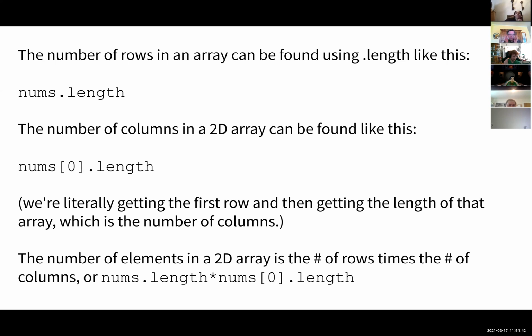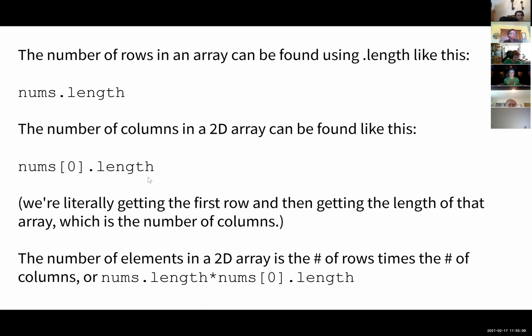Because as I said in the first slide, 2D arrays are actually arrays of arrays. So when you say nums.length, that's finding out how many rows there are. And then each row has an array in it. And so that's why to find out how many columns there are, you get the first row and then find out how long that is.